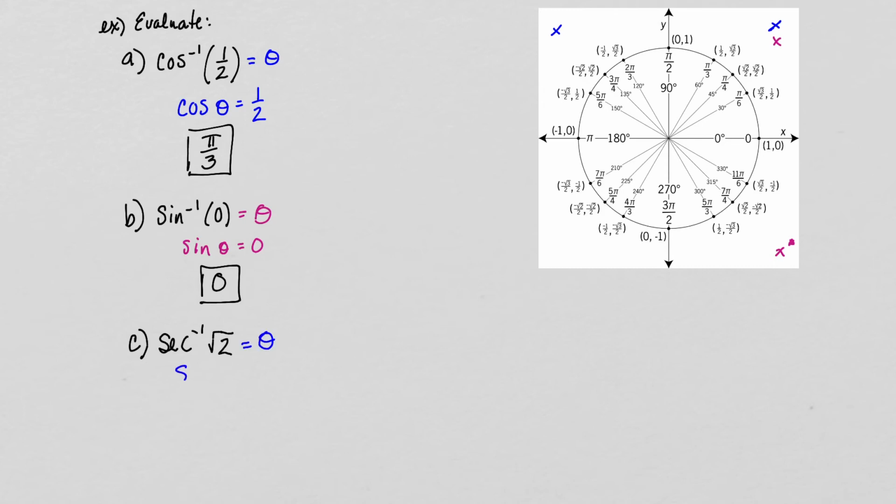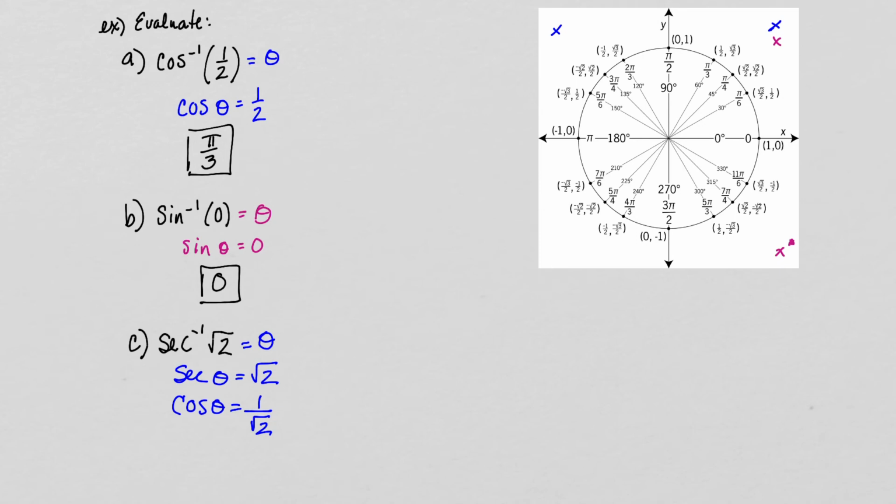So we're looking for when is the secant of theta equal to the square root of 2. So this is where it could be helpful if you remember that secant is 1 over the cosine, right? So if the secant of theta is equal to root 2, we're looking for where the cosine of theta is equal to 1 over root 2.